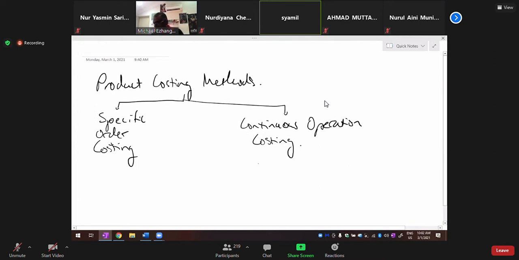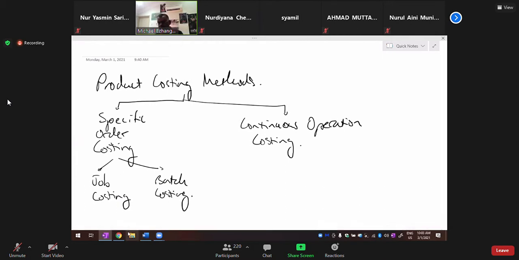Now, specific order costing can be split into two subcategories. We have job costing and we have batch costing.